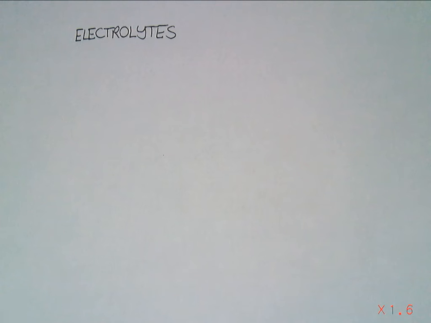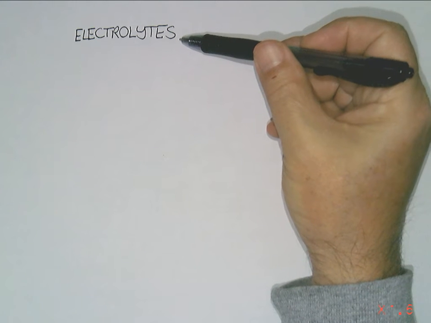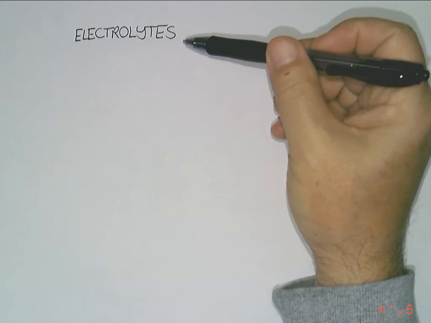In the last video, we predicted the products of reactions between ionic compounds in solution by looking at how they broke up into ions when they were dissolved. A compound that breaks up into ions when it's dissolved or when it's melted is called an electrolyte.